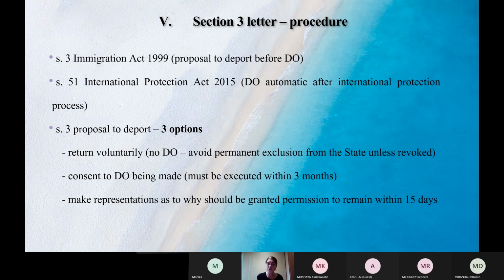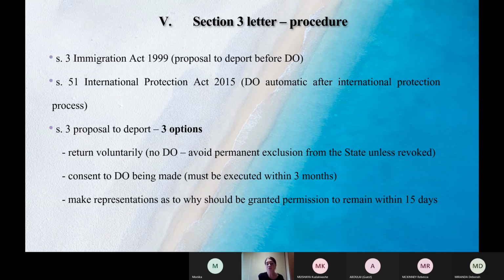The second option is to consent to a deportation order being made. That's not very attractive because, as I said, that's a permanent exclusion from the state. But the only advantage there, or maybe I think you can get help returning if a deportation order is issued, so that might be advantageous as well.